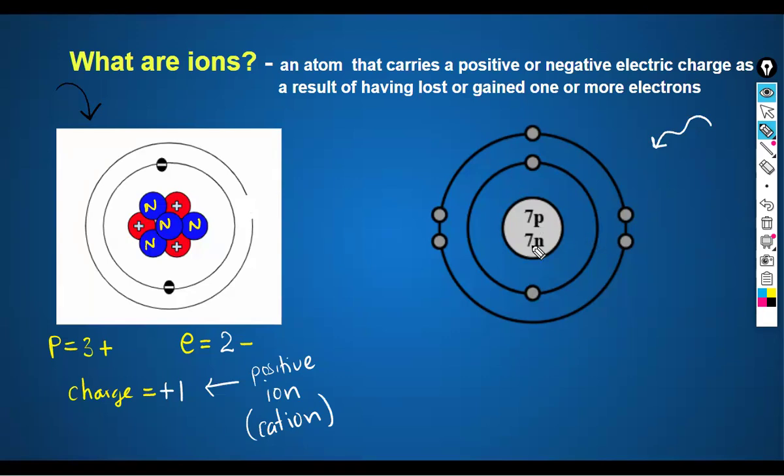Okay? Let's move to this example now. P is for protons, N is for neutrons, and the circles around it are electrons: 1, 2, 3, 4, 5, 6. Tell me something. Is the second atom an ion? Yes or no?